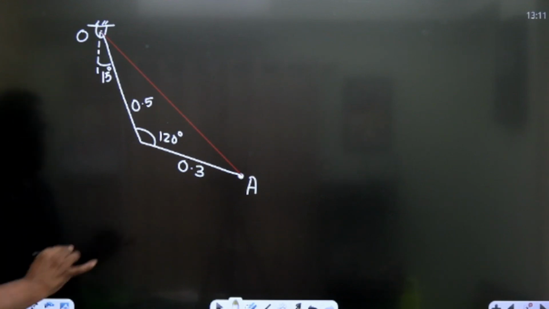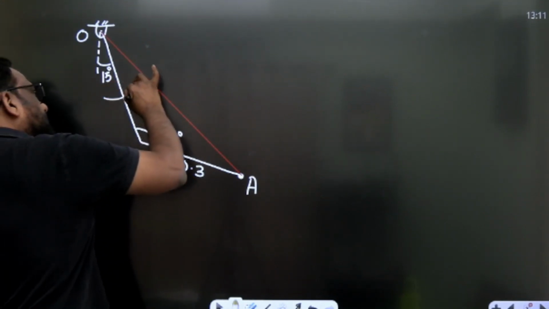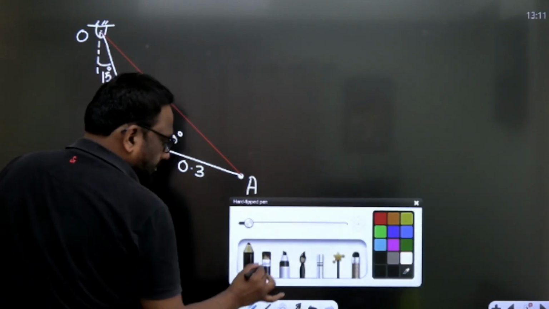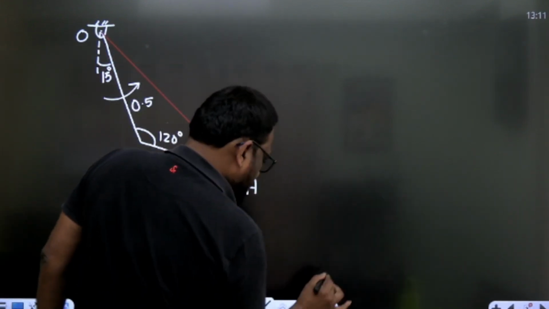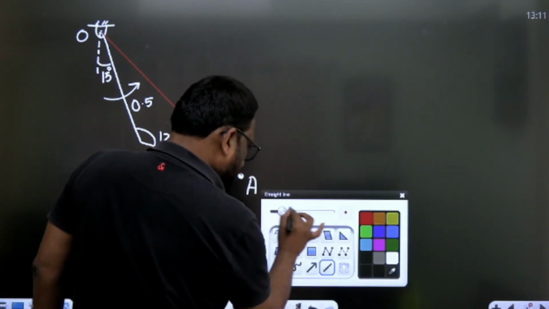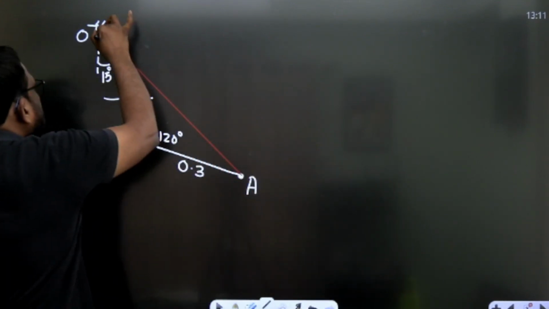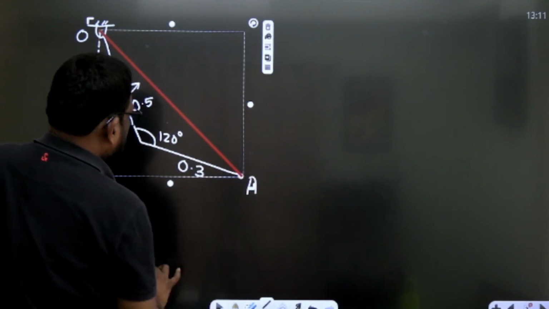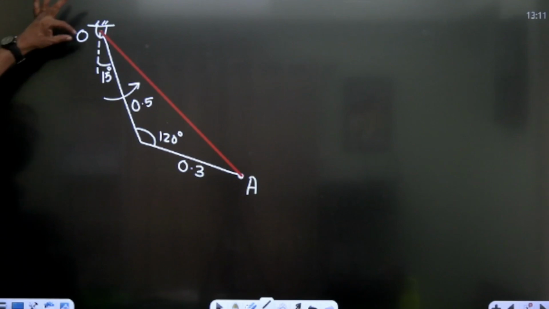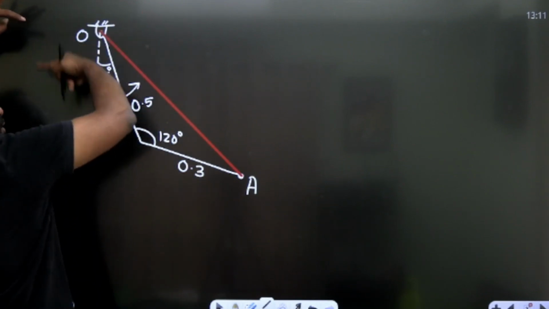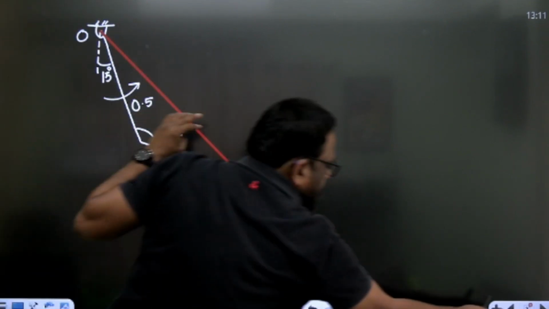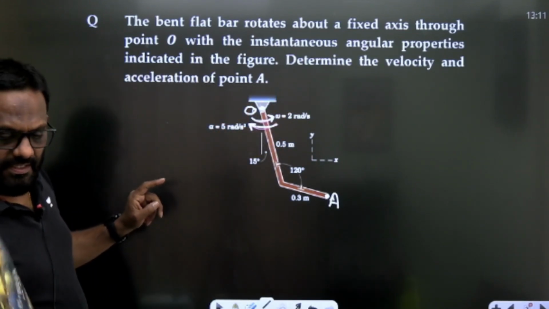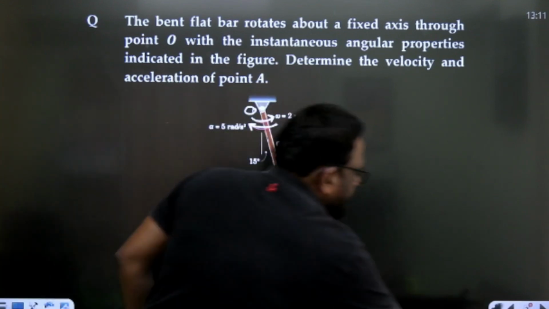Once I find this length, the angular velocity is given in anti-clockwise direction. How will be the velocity of A as this is rotating in anti-clockwise direction? Yes, omega is anti-clockwise direction.